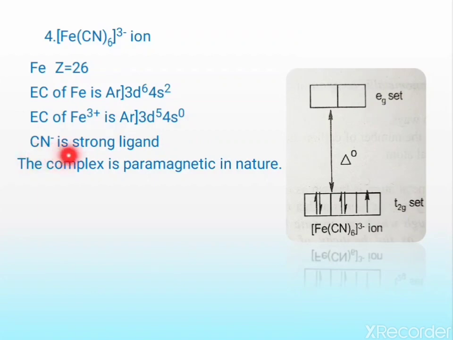We know that cyano is a strong ligand. Due to the presence of the strong cyano ligand, there is a large energy gap between the t2g and eg sets of orbitals. Here the d orbital has 5 electrons, hence all 5 electrons come to the t2g set only.